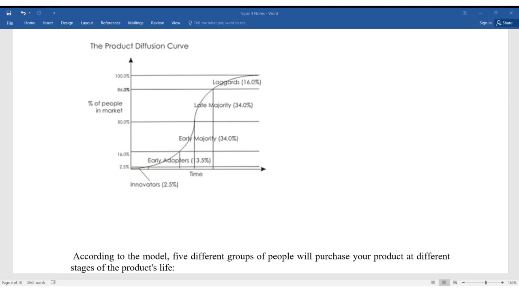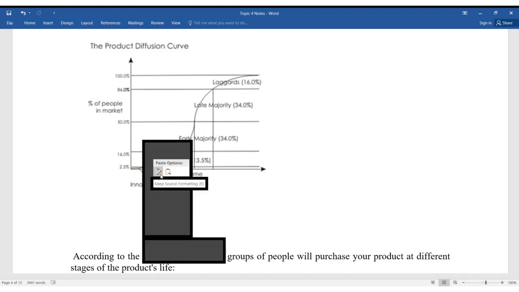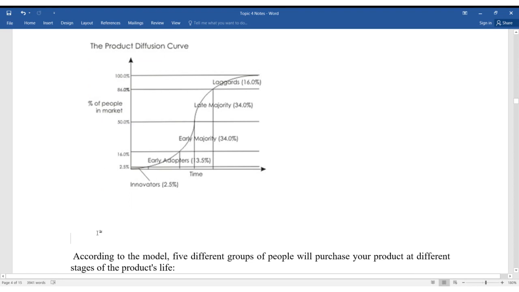It is better. So the next group there is early adopters. Early adopters are also quite a small group in the market. They tend to be around 13.5%. They are the ones that follow immediately after a new product is launched. They then go for the product.